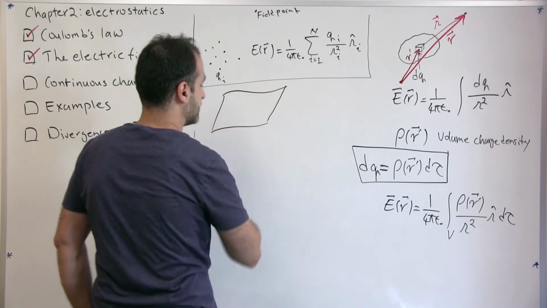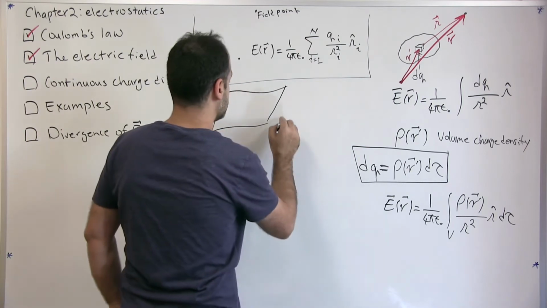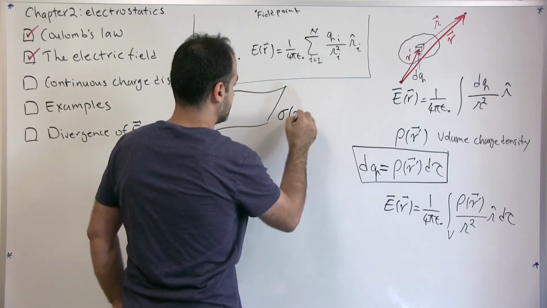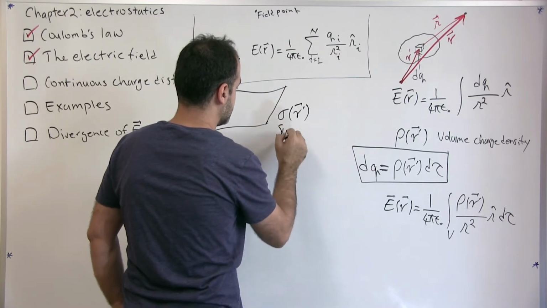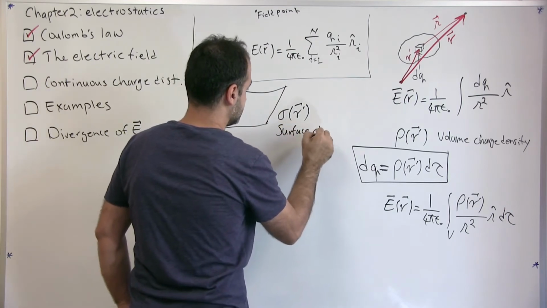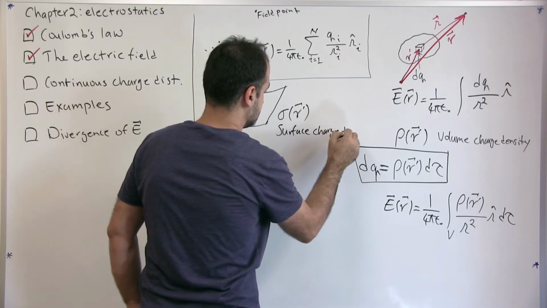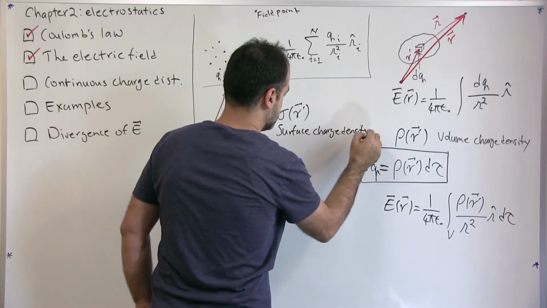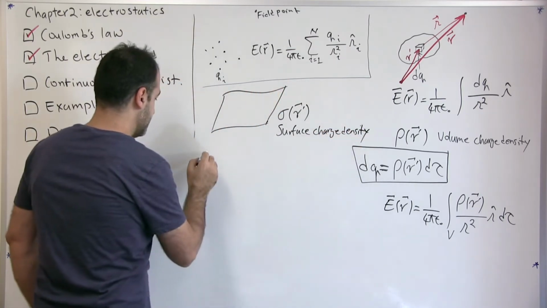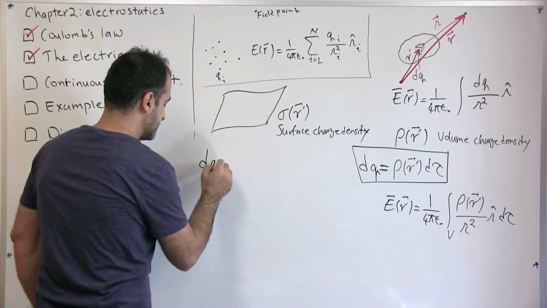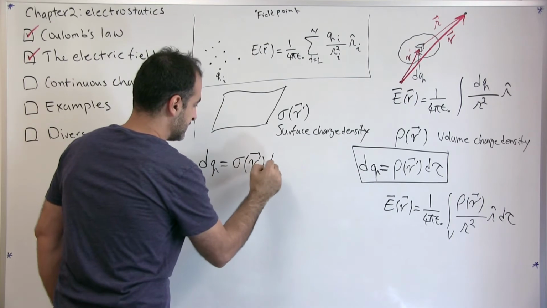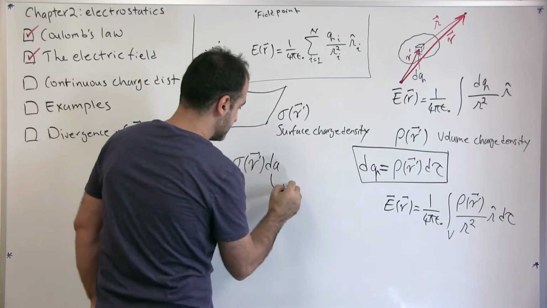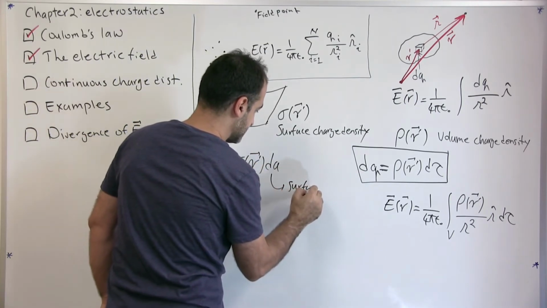a surface charge distribution, we usually use sigma r prime for the surface charge density. Then the infinitesimal charge is going to be sigma r prime times dA. This is a surface element.